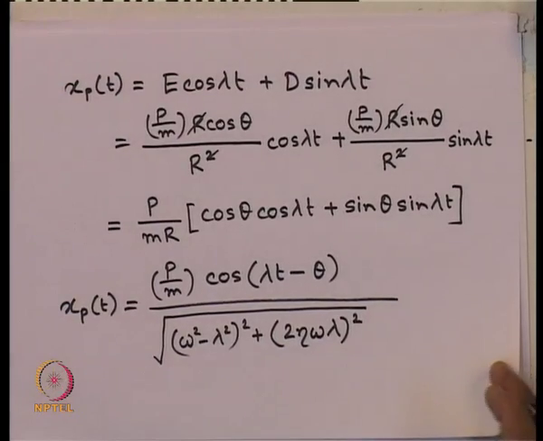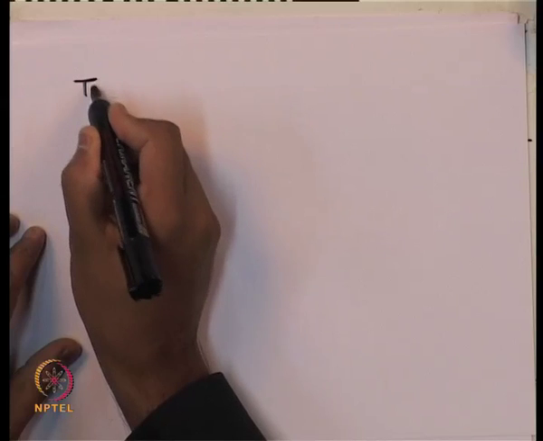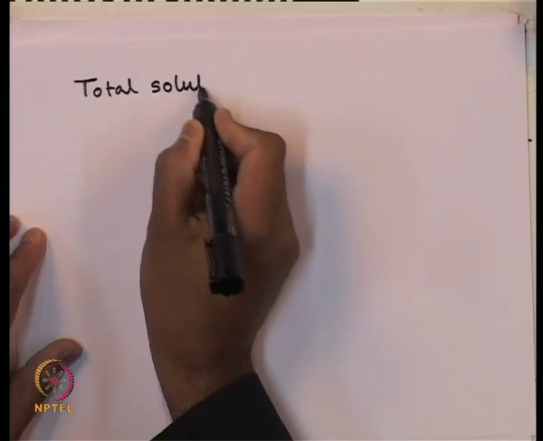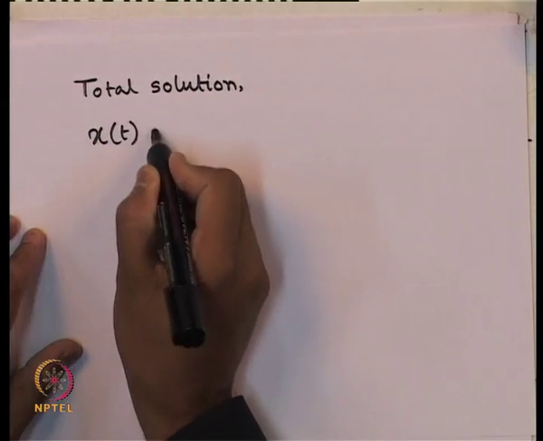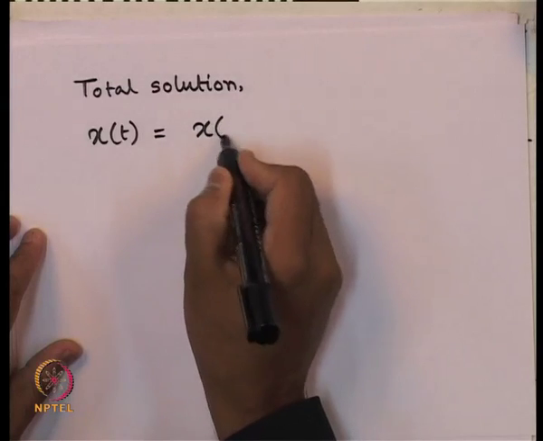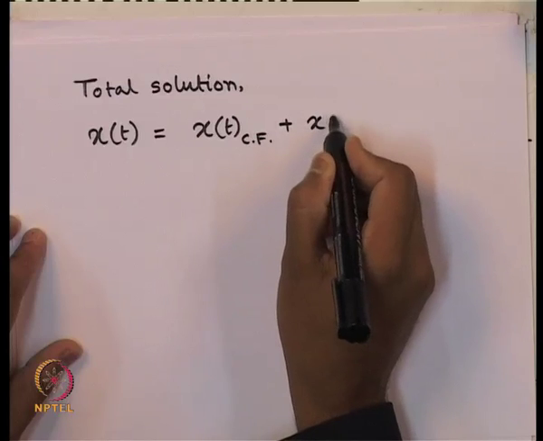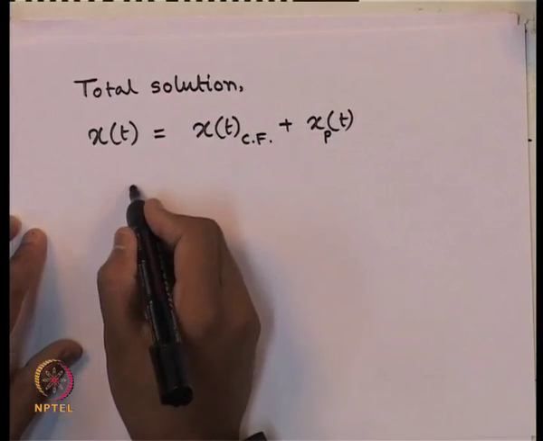So, the total solution, or the complete solution x of t, is equals to x of t complementary function plus x of t particular integral x p t.